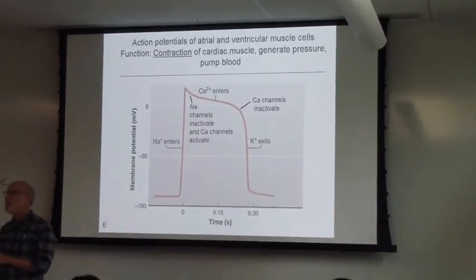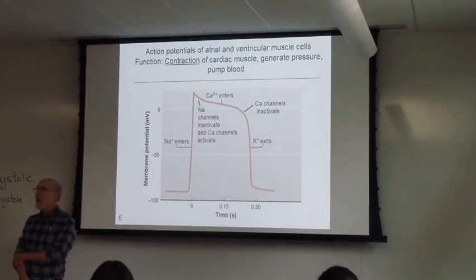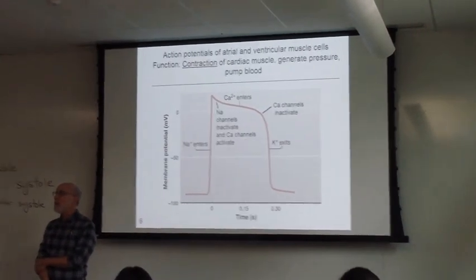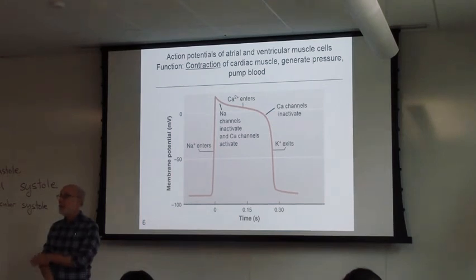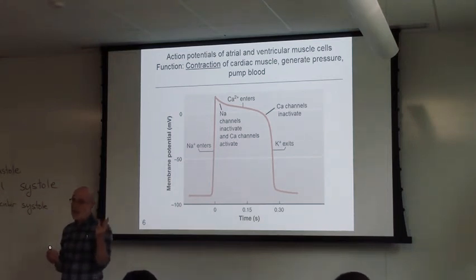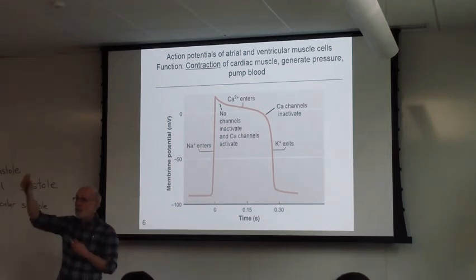NCX pumps one calcium ion out in exchange for 3 sodium ions in. It's a 3-to-1 ratio. We need 3 sodiums moving in order to provide enough energy to pump 1 calcium out. So we have 3 positive charges moving in for every 2 positive charges moving out, because calcium is divalent.